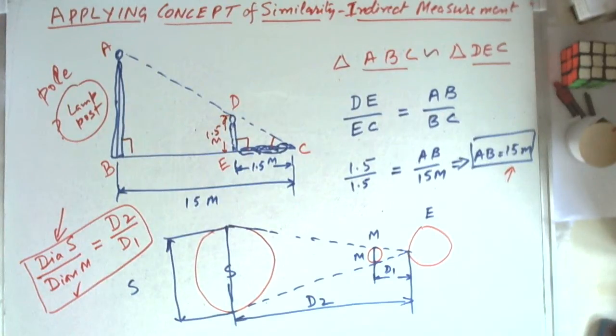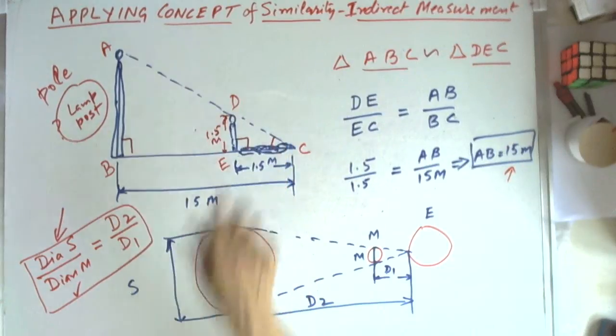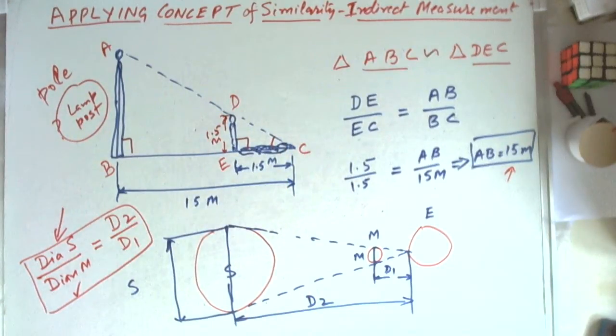So that way the concept of similarity is used in astronomy, also in our day-to-day life, where we have seen this concept of shadow. We can also apply this concept for measuring the width of a river, and this concept is also used in civil engineering.